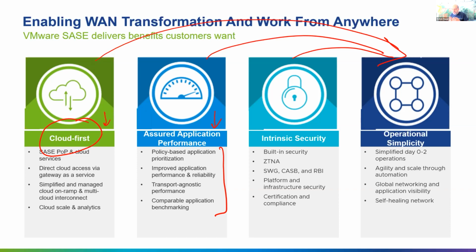The operational simplicity should be there for day zero and day one configuration, or even the troubleshooting piece of it. That's where the single management plane, the SASE orchestrator, comes into play, where you can define, configure, and troubleshoot all that networking and security.